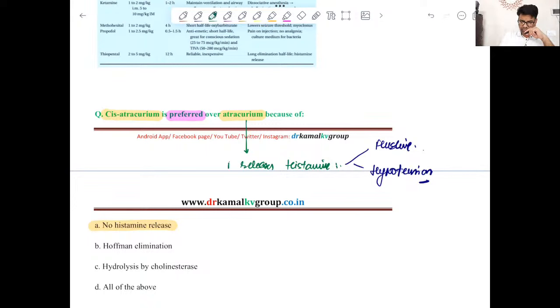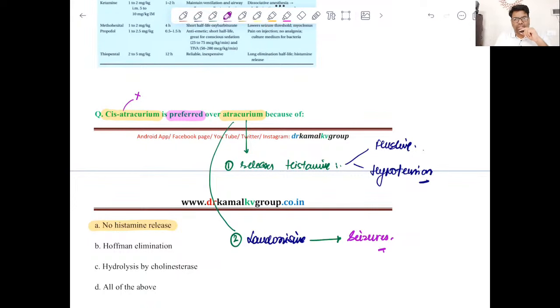Number two: there is one metabolite of atracurium, known as laudanosine, right? And this laudanosine has a tendency to cause seizures, or epileptic fits. Very good, Shubham, really appreciate that. So this metabolite is not produced here, and therefore the chances of these epileptic fits are minimized.